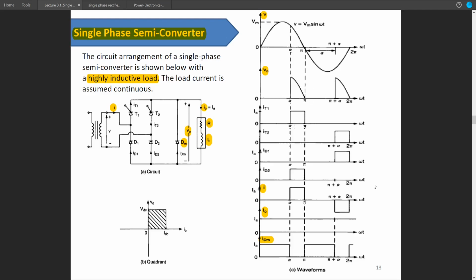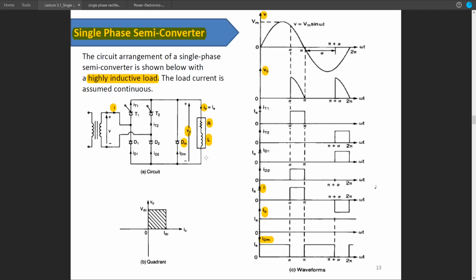For negative half cycle, we have to trigger T2. So the current will go through T2 and load and get back to the source by D1. So in negative half cycle, T2 and D1 will be turned on.